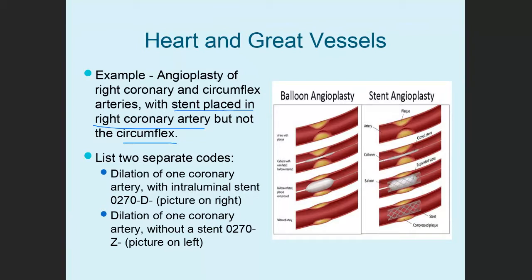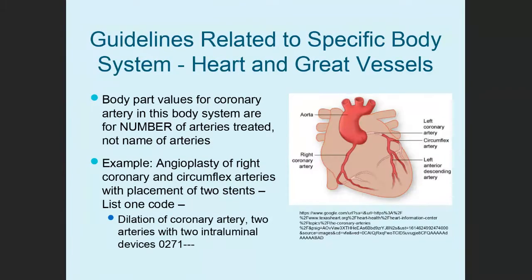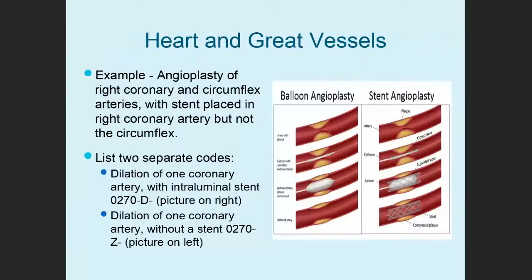The body part is going to be 0 because this refers to one coronary artery, and this refers to another one. In this case you're doing one artery, one artery. And the fact that it's a stent will be picked up in the 6th character, device.